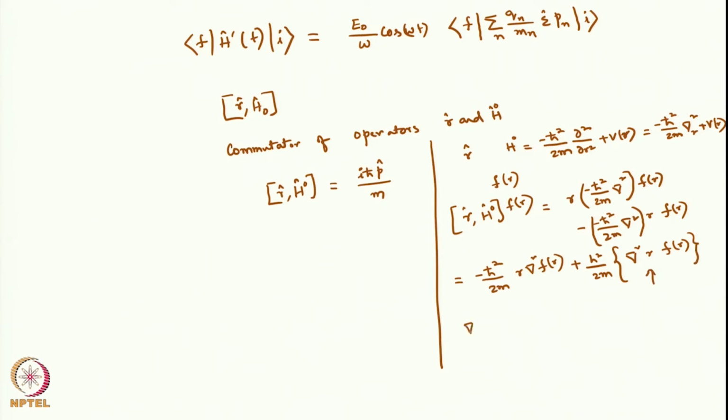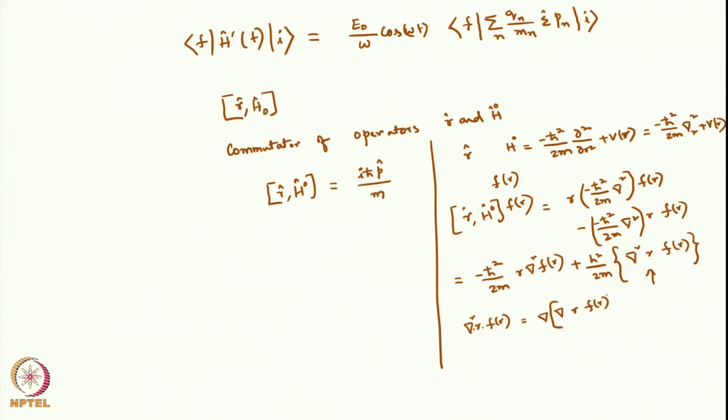So, del squared R f of R is nothing but del of del R f of R.